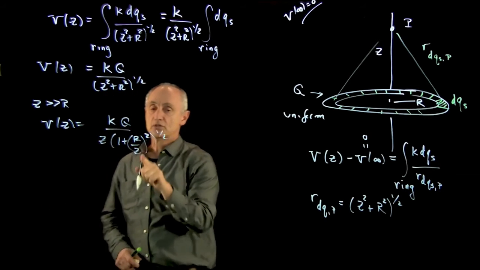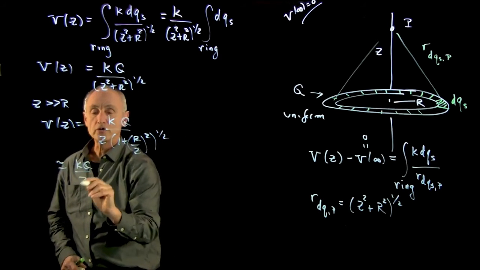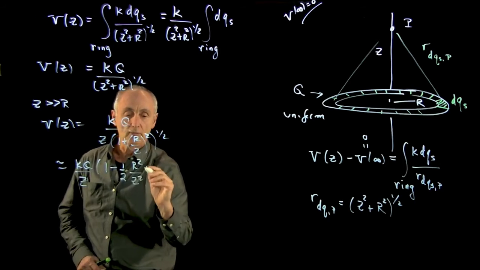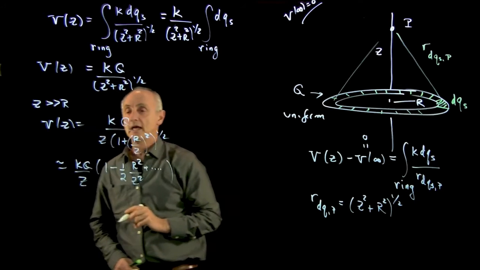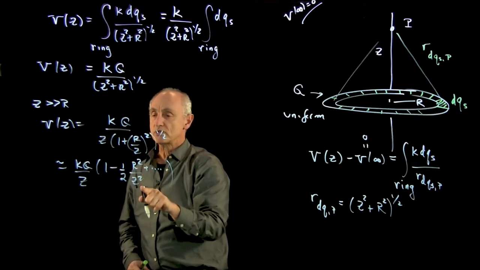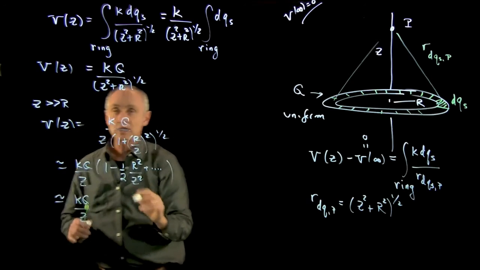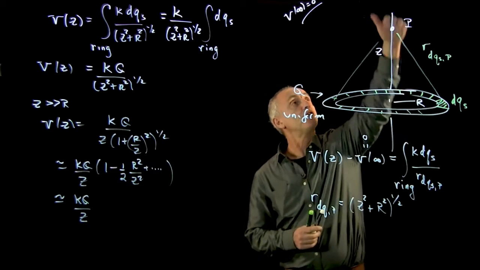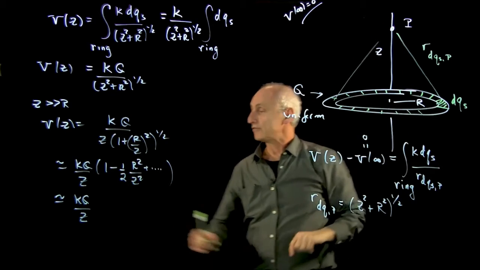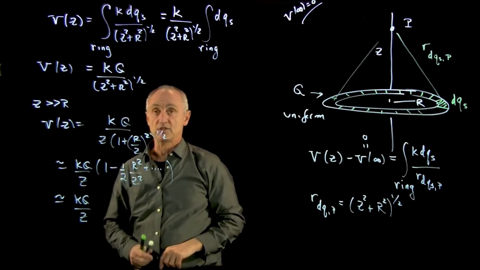And I can use my expansion of the denominator to write this as kq over z times 1 minus 1/2 r squared over z squared plus higher order terms. And we can see that in the limit, as z is much bigger than r, this term goes to 0. We have a constant. And our result is kq over z, which is exactly what we expect. Because if we're very far away, this entire ring looks like a point charge, and we're a distance z away from it. And that's the potential function for a point charge, where the point P is a distance z away.